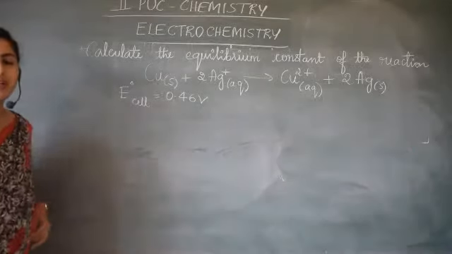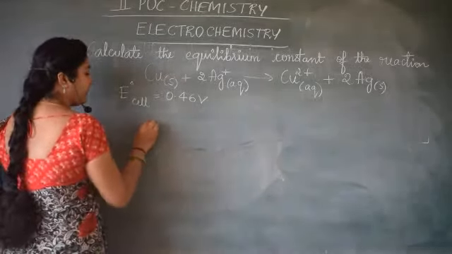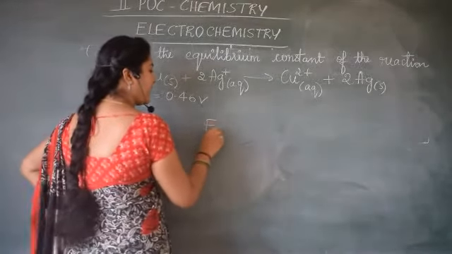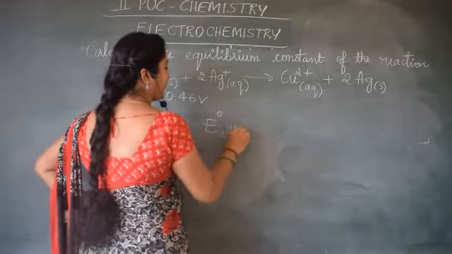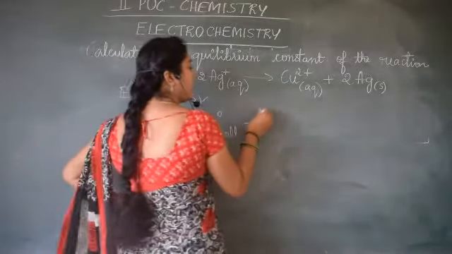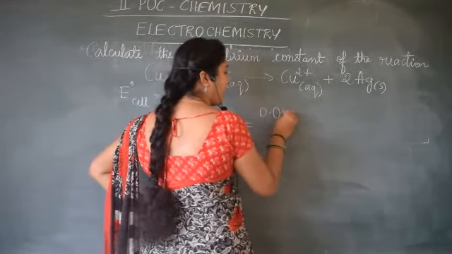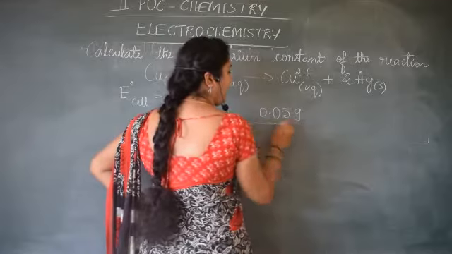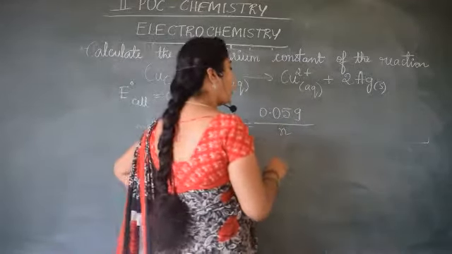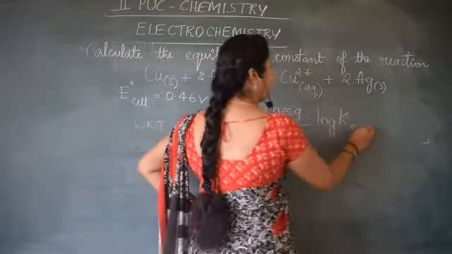So you are asked to calculate the equilibrium constant here. What is the formula to calculate the equilibrium constant? We know that E naught of cell is equal to 0.059 divided by n log Kc.